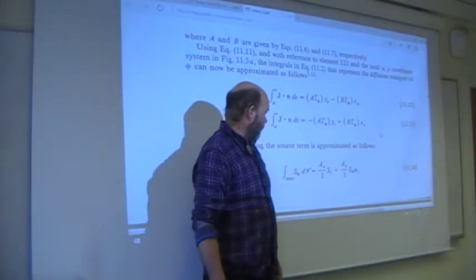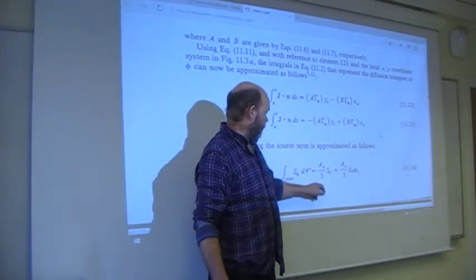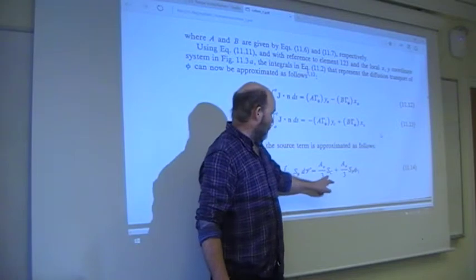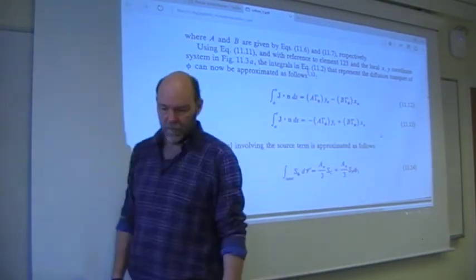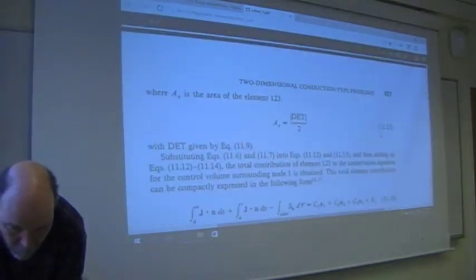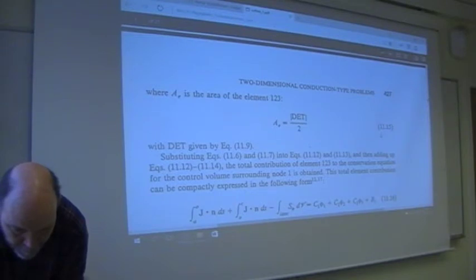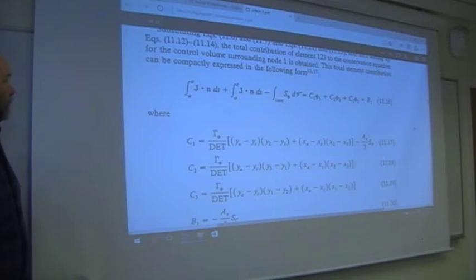So in 2D, you have the area, and then the linear variation if you have one. And then finally adding it all together.